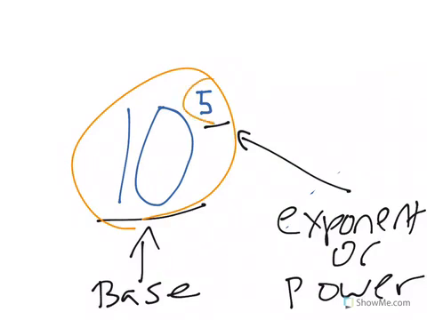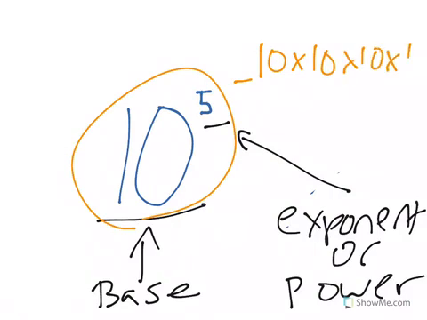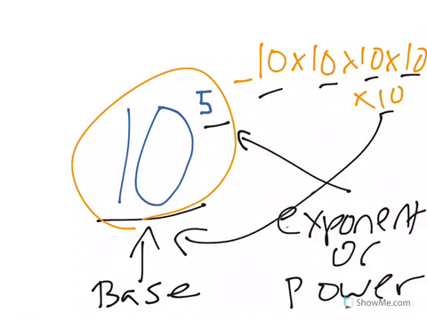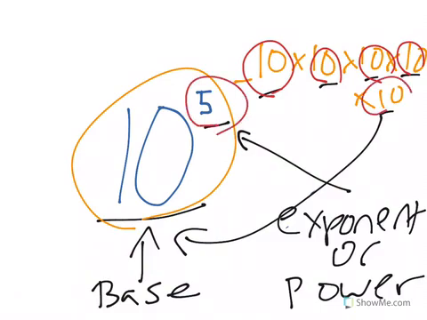If I asked you what the exponent was, you could say 5, right? So I know that that is 10 times 10 times 10 times 10 times 10. I'm multiplying 10 by itself 5 times. So the number that you're actually multiplying is the base. How many times you're multiplying it, 1, 2, 3, 4, 5, that is the power or the exponent.